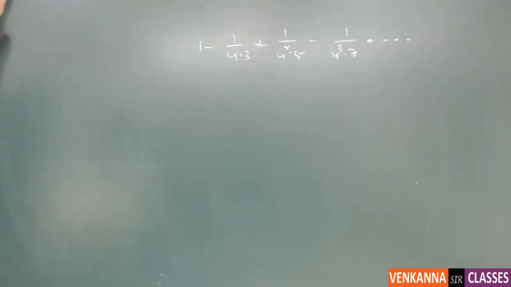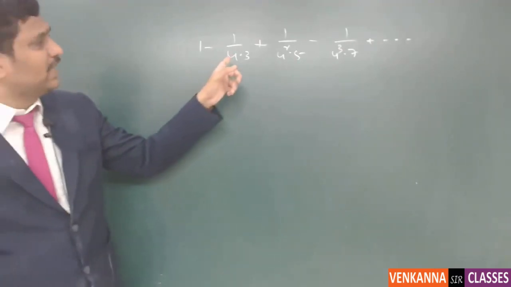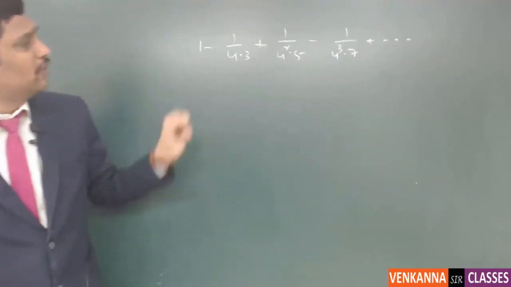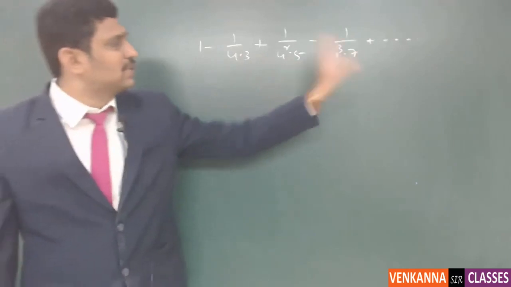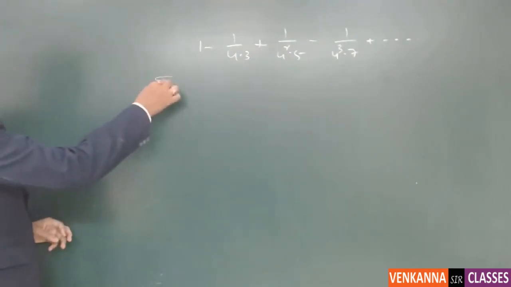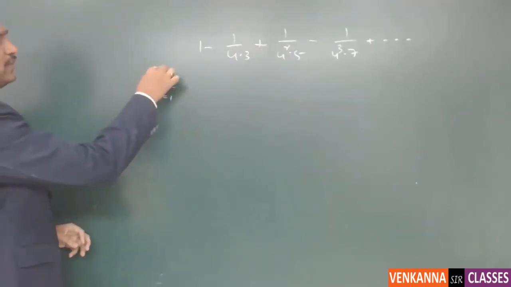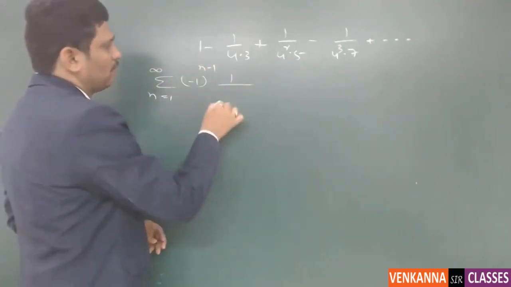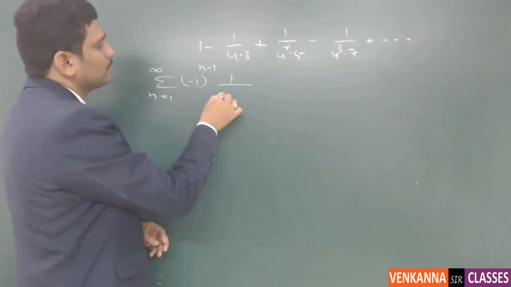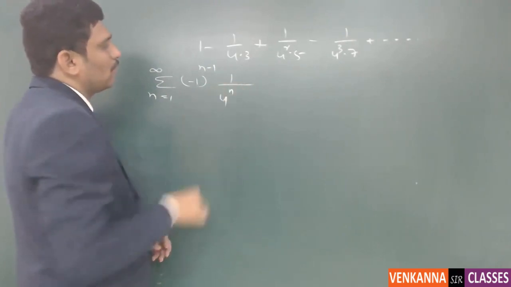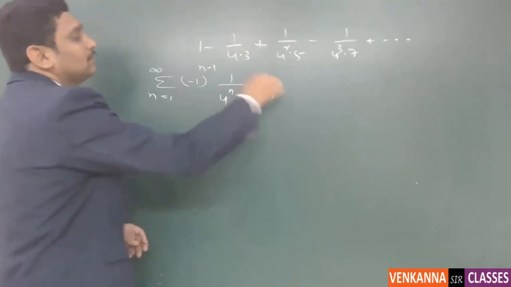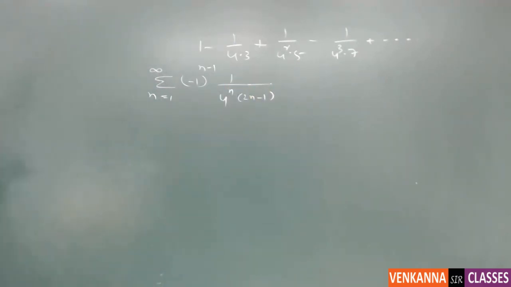Since the signs are varying as plus or minus, and here the powers are varying as 4 power 1, 4 square, 4 cube, etc., and we have the odd numbers 1, 3, 5, 7, and so on, you can write it as summation n is equal to 1 to infinity, minus 1 whole power n minus 1, by 4 power n into 2n minus 1. Am I correct in writing that series?